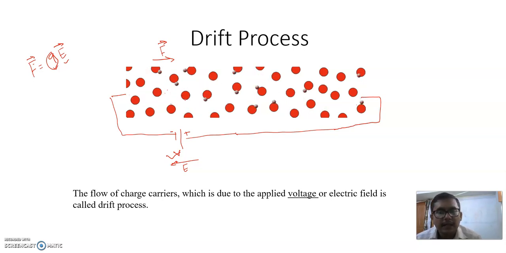You have to remember, the flow of current due to the applied external electric field is called drift current, and flow of electron due to the applied external electric field is called drift process. In this animation we can easily see that the electron is moving from left to right due to the applied external electric field E. So this process is called drift process.